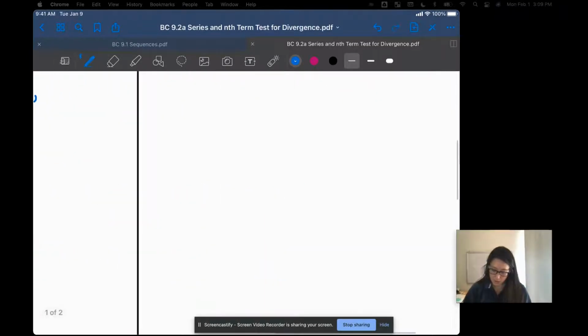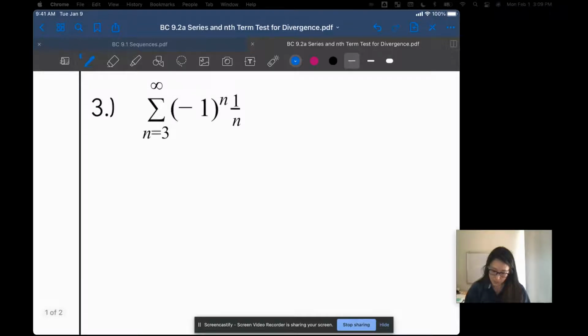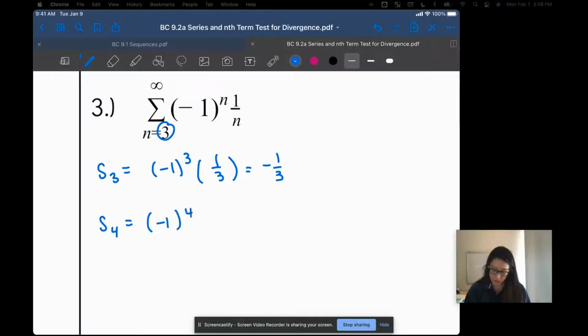Okay, all right, so one more. I'm going to start with 3 because that's what my n says. So S sub 3 is equal to negative 1 to the third times 1 over 3, which is negative 1/3. S sub 4 would be the next term. So we need to add the term before.